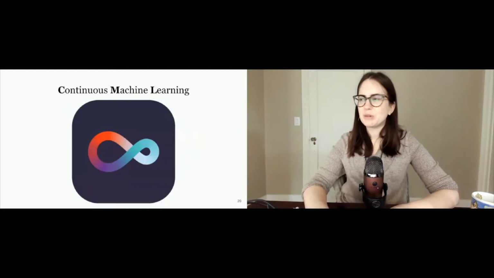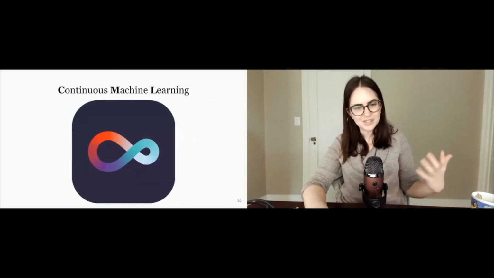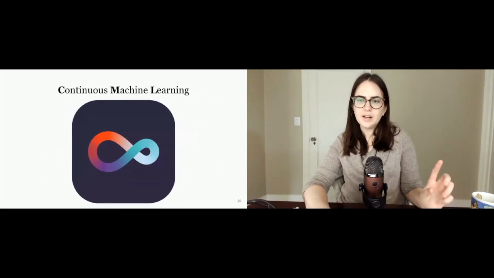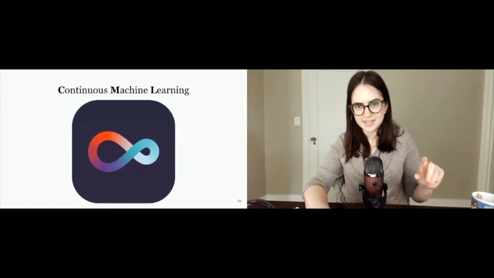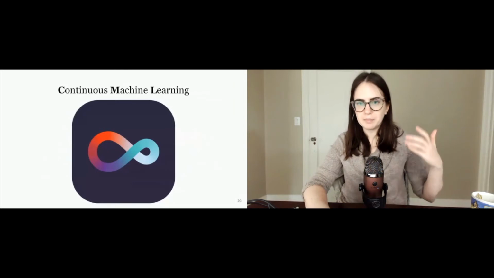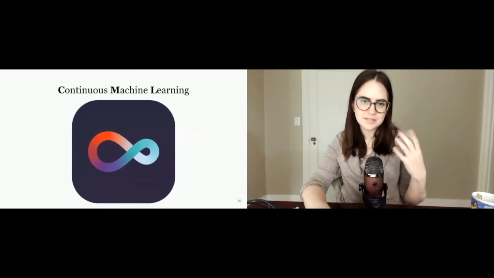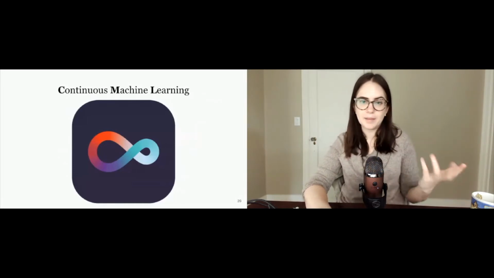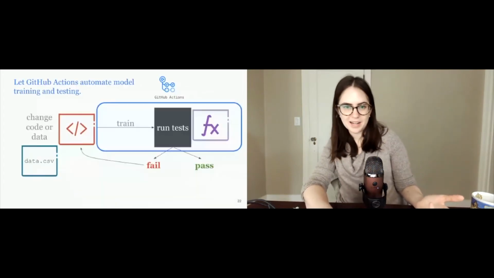To explain a bit about how GitHub Actions can fit into your workflow, if we were to revisit this figure, GitHub Actions can help us with this part of the CI process, things like automating model training and testing. GitHub Actions is a service that runs a workflow that you define every time a triggering event happens, like a change is pushed to the project repository.